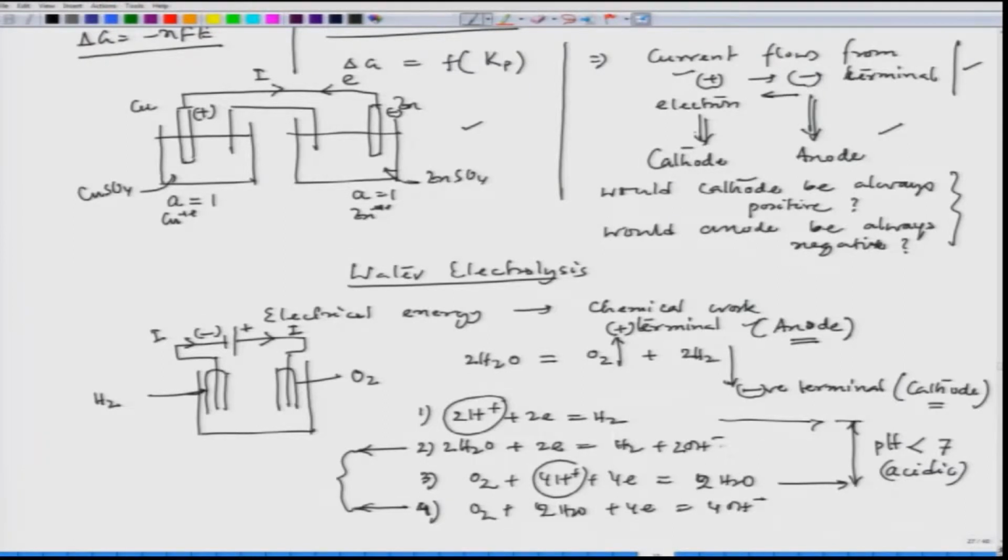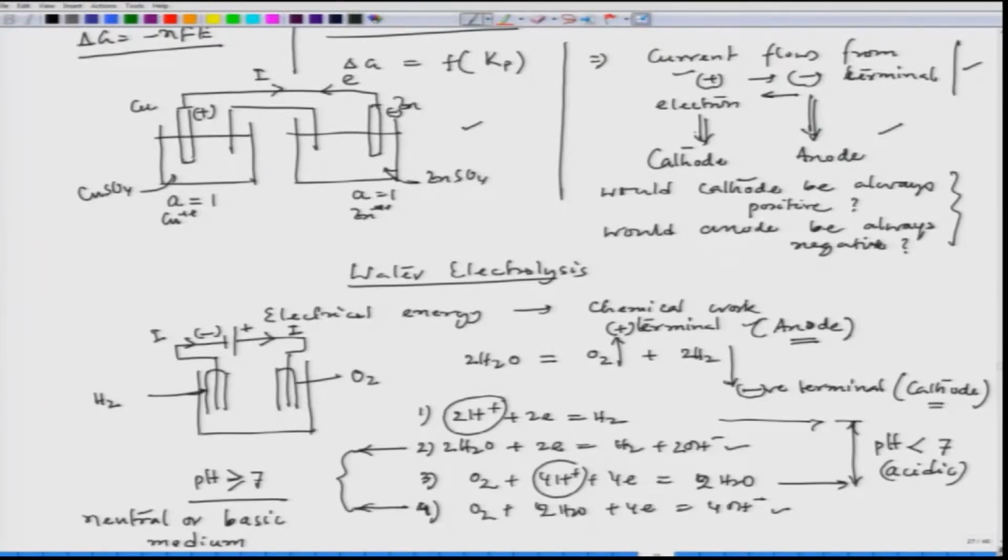Rather, we have a generation of OH minus ion, and these 2 reactions are possible when pH is equal to or greater than 7, so neutral or basic medium.